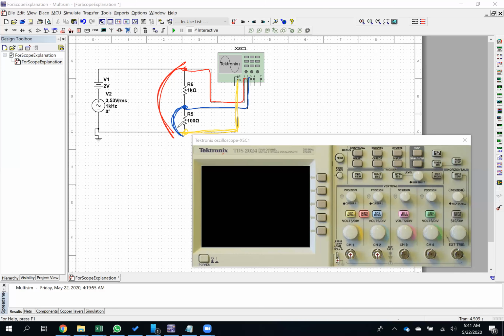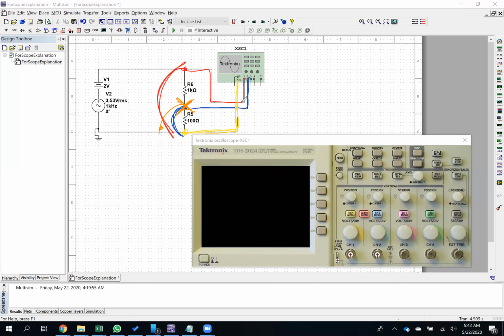And so you can see that I can't measure the voltage across R6 directly with the oscilloscope because I cannot put the ground lead here, okay? If I were to do that, I would actually short this part of my circuit to ground because the ground of the scope and the ground of the power supply would be connected externally. So I can't do that.